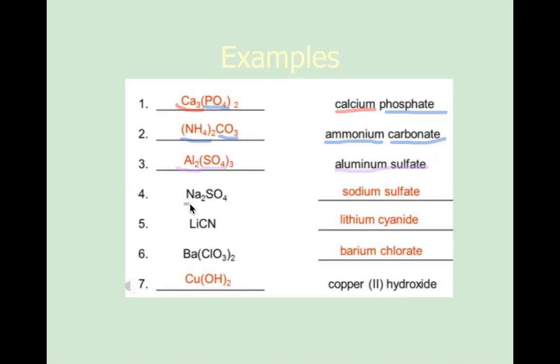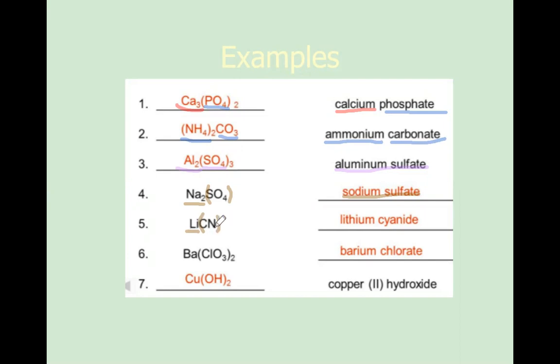And next, Na stands for sodium. And SO4 is a polyatomic ion, that is sulfate. So sodium sulfate. Then Li, lithium. I'll put the polyatomic ions in parentheses so that you'll be able to distinguish between the anionic part and the cationic part.